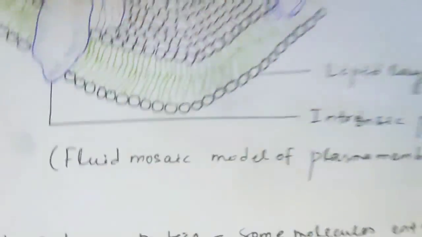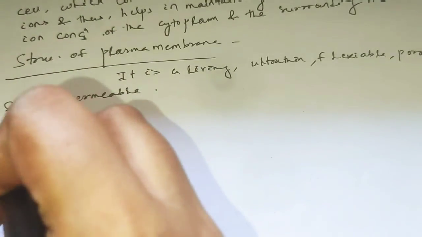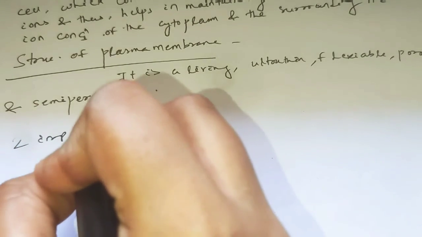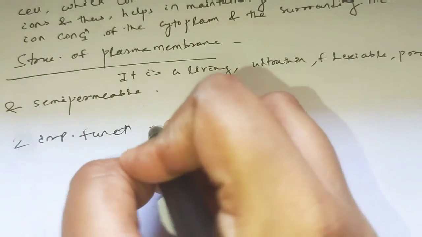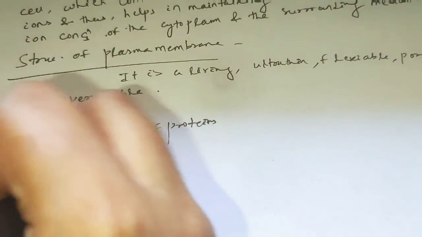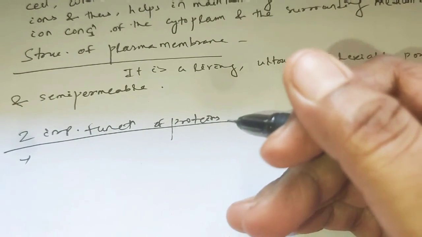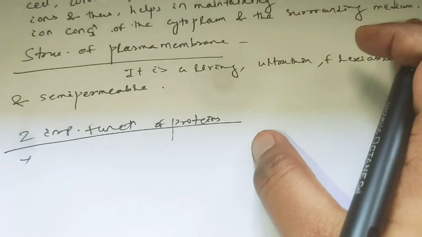Now come some extra functions. Here it shows two important functions of protein. First, it helps in the movement of molecules of substances across the membrane.